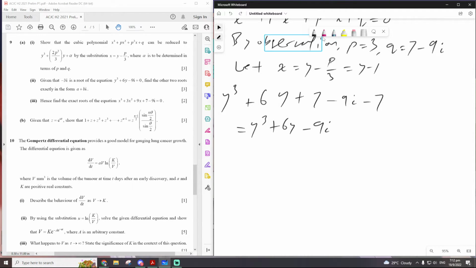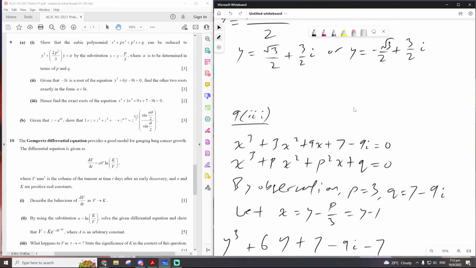So actually we just replace y by x plus 1. Okay, so therefore for x, you will just take whatever the y values were and subtract 1.